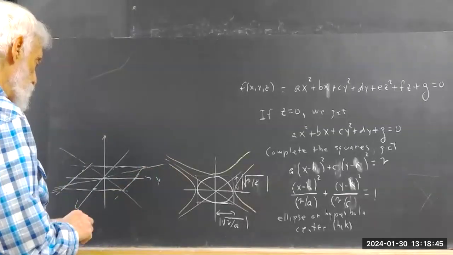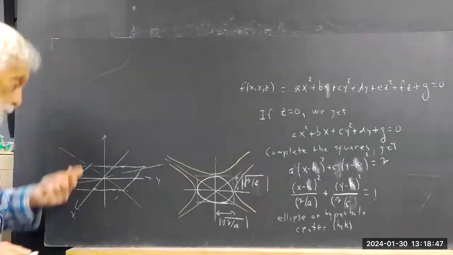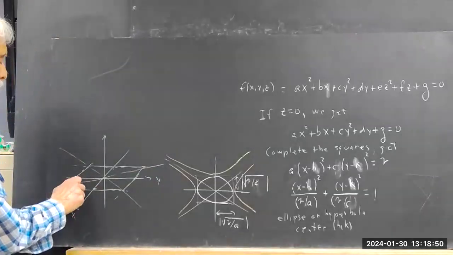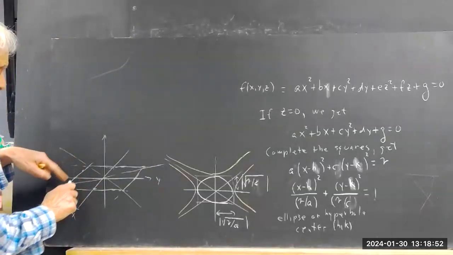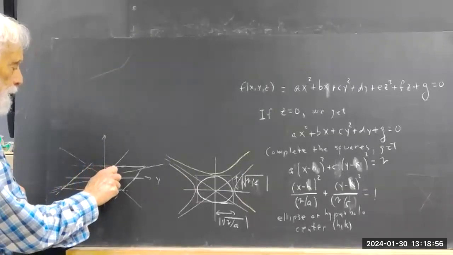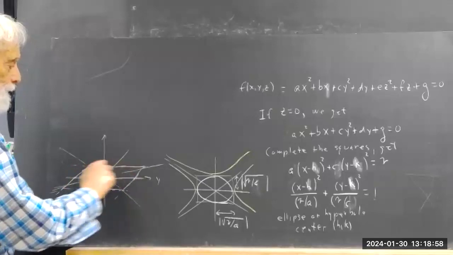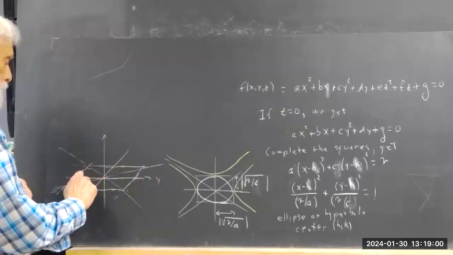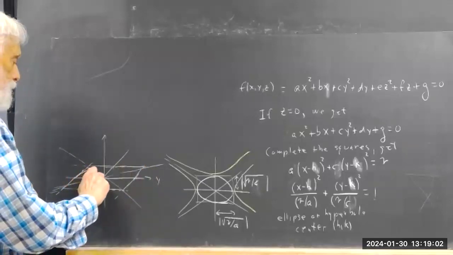And now I can sketch my ellipse. When I sketch the ellipse, remember I start here and go parallel to this side. So I start off in this direction, but then when I get here, I've got to be moving in this direction, okay? So I'm always going to start out parallel.